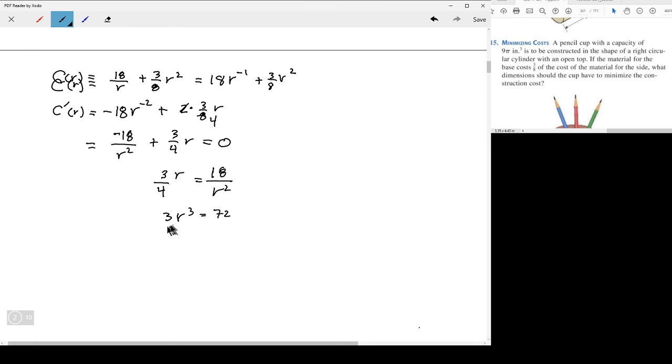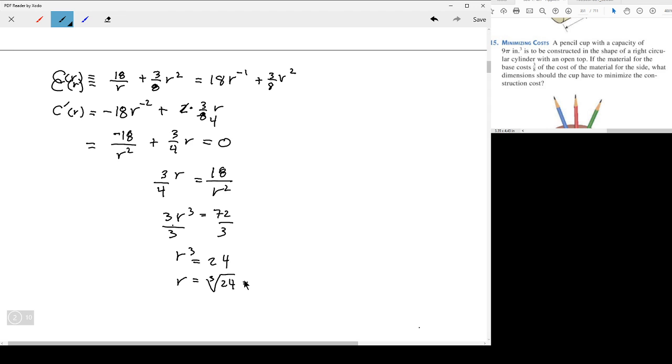Okay, solve for R cubed. So R cubed is going to be 26. Is that right? No. 24. All right, and then R is going to be the cube root of 24, which I don't know what that is.